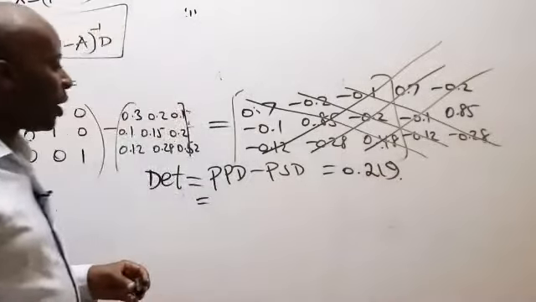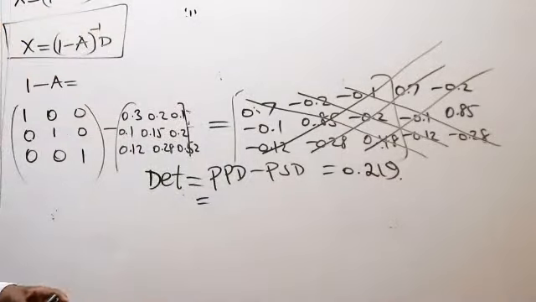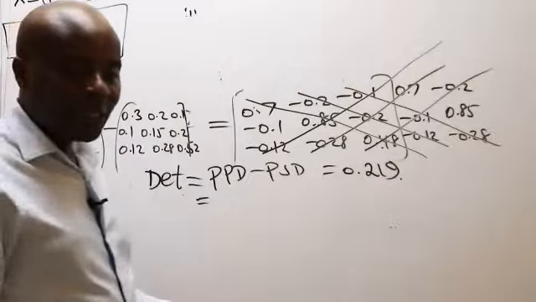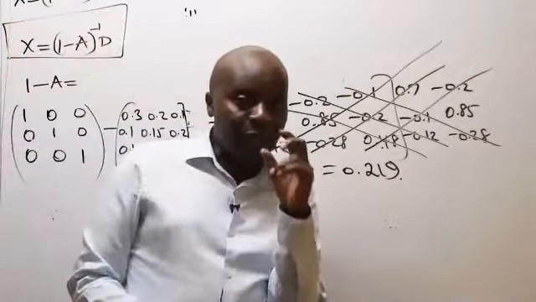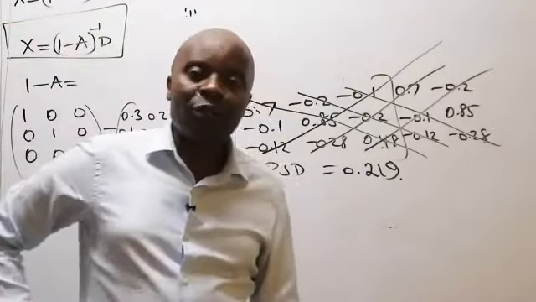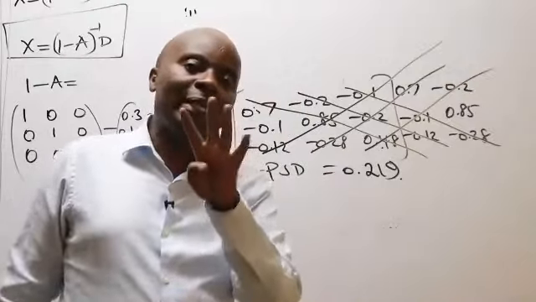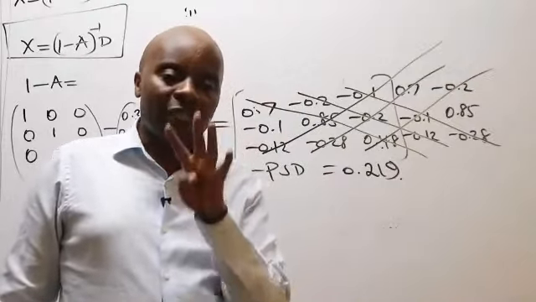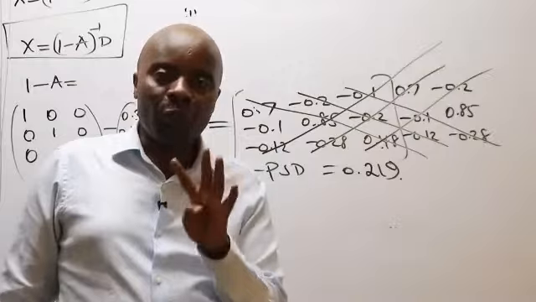So, ladies and gentlemen, I've been able to get the determinant. And if you recall, we said a 3x3 matrix has got 4 basic steps.